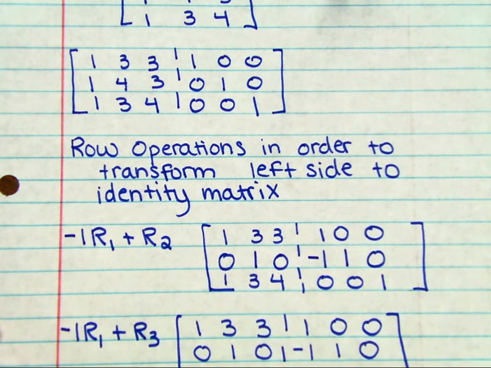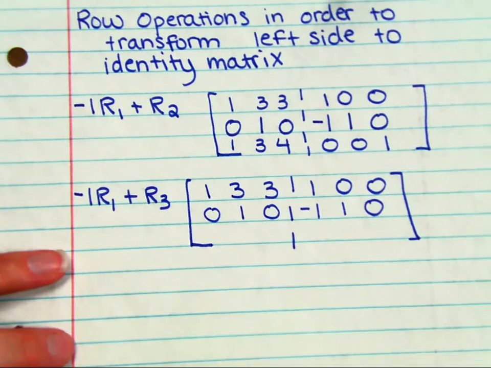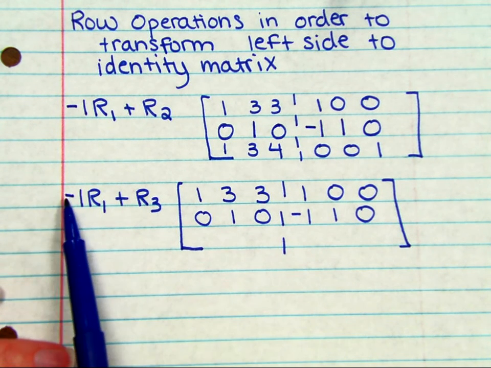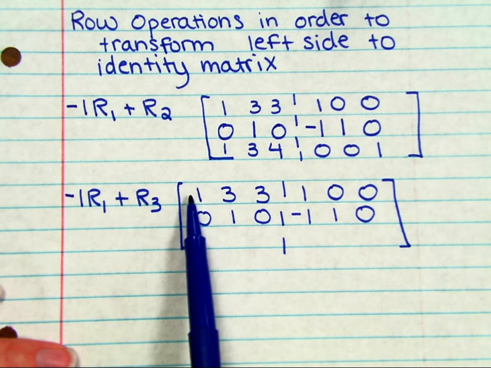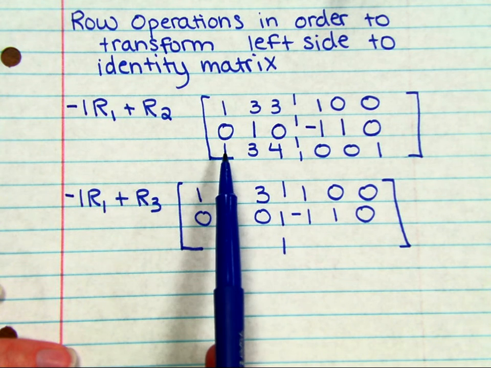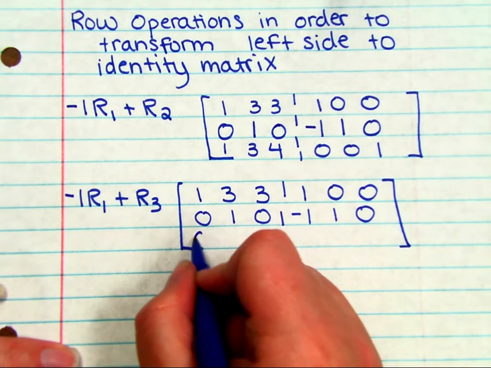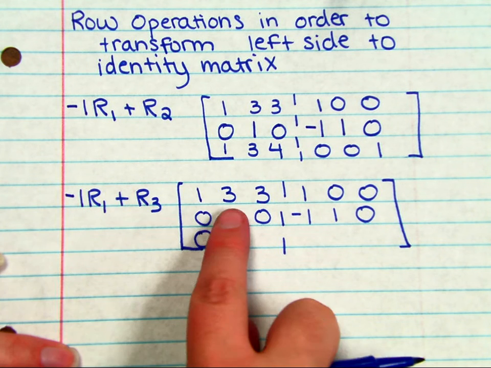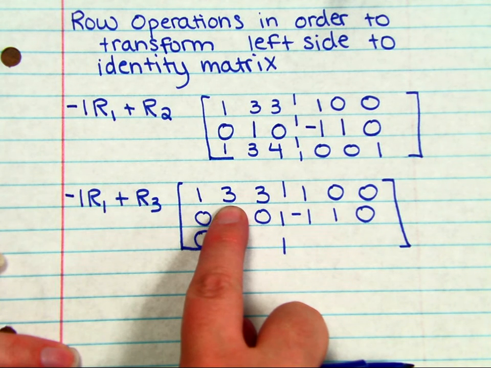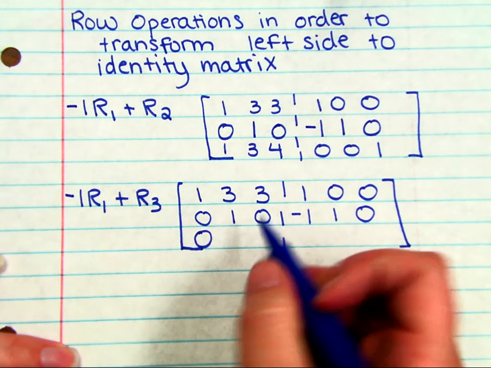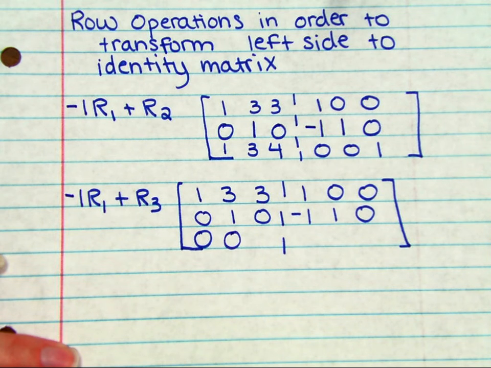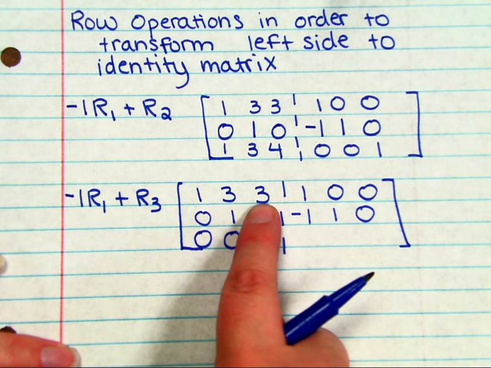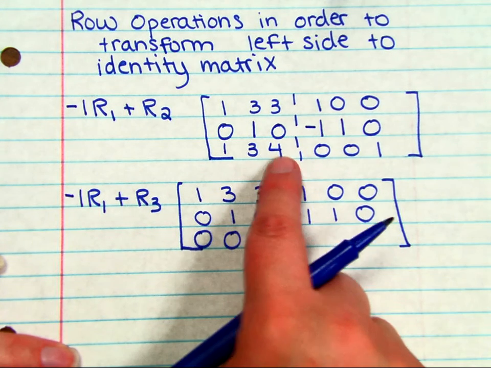So now I'm going to work with my row 3. So negative 1 times 1 is negative 1, plus 1 gets me the 0 there. Negative 1 times 3 plus 3 gets me a 0. Negative 1 times 3 is negative 3, plus 4 should get me a 1.